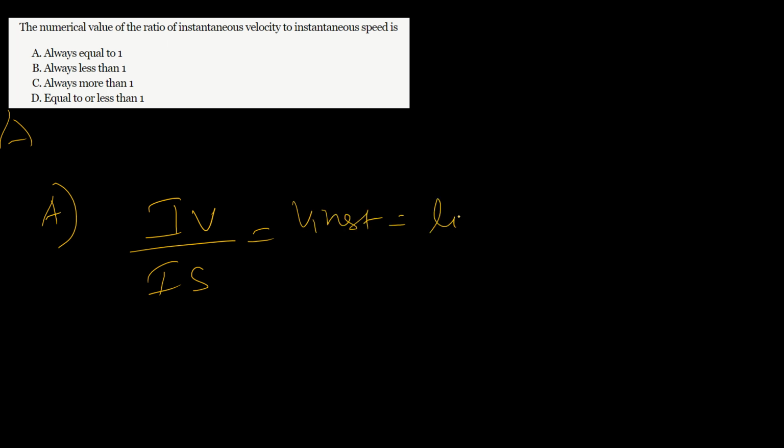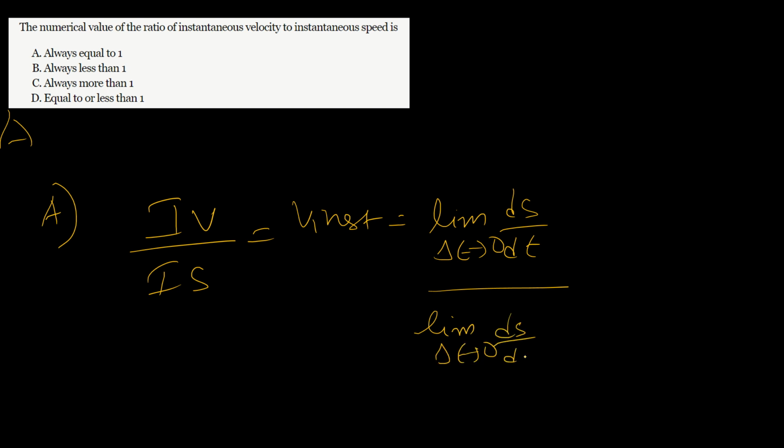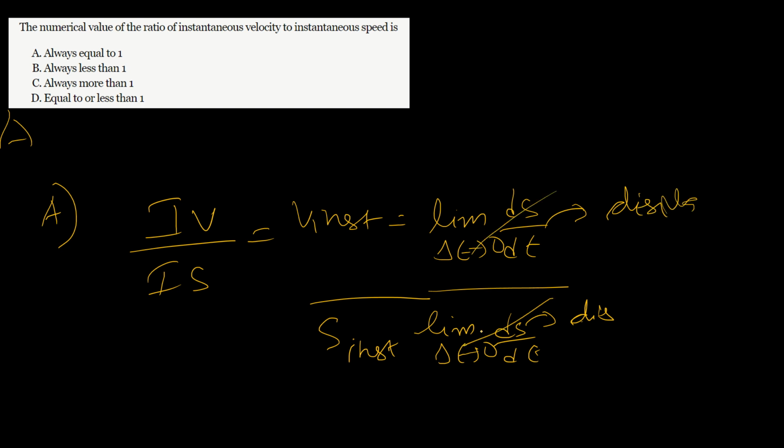V instantaneous is equal to limit delta t tends to 0 of ds by dt, whereas speed is also limit delta t tends to 0 of ds by dt, where here s is considered as the distance for speed. Here this is distance, and here this is displacement. So we can cancel it out, it will be equal to 1, always equal to 1. So answer A.